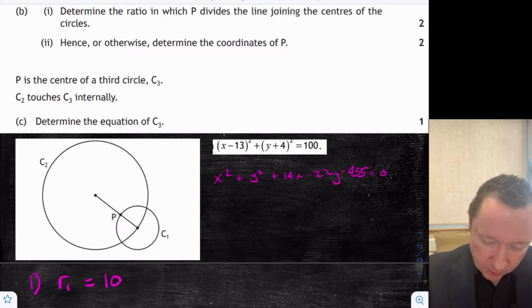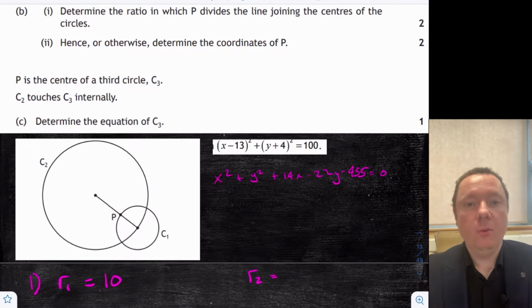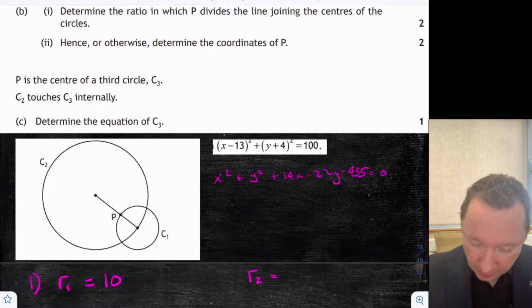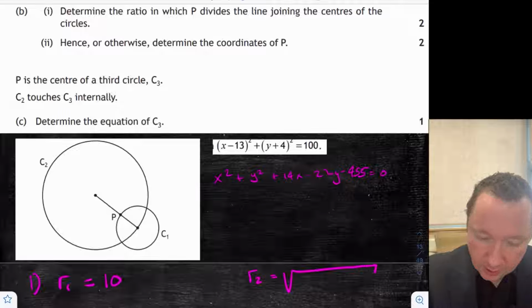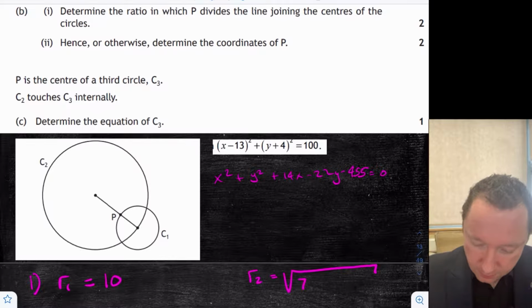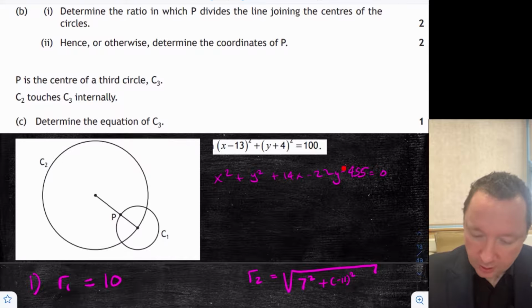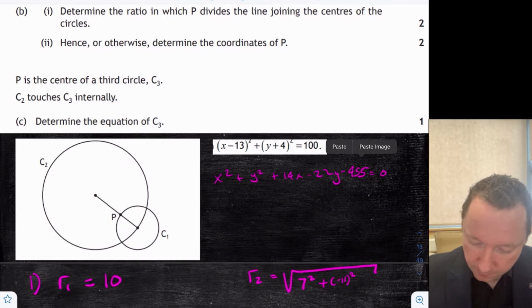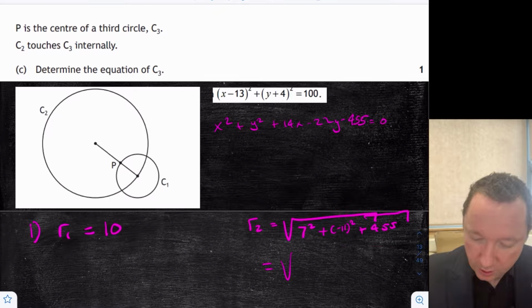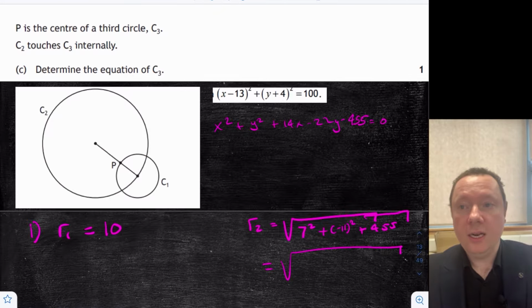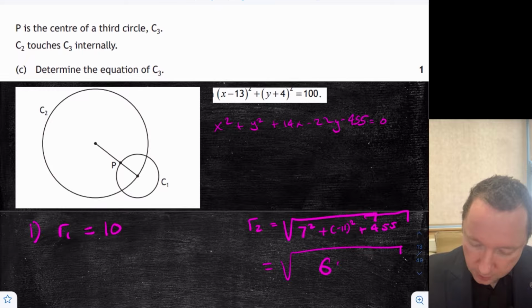And we can work out the radius of our second circle by using the formula at the start of the exam paper, but remember it is the square root of g² + f² − c, so g is going to be 7 and f is −11, minus c, which is in this case 455, so plus 455. So that gives us the square root of 625, just put it in a calculator, which is 25. So we've got our two radii.